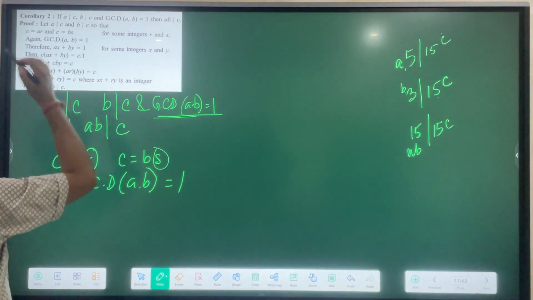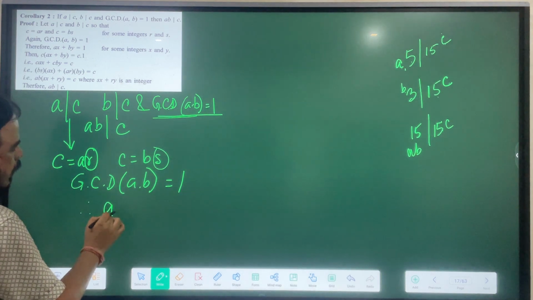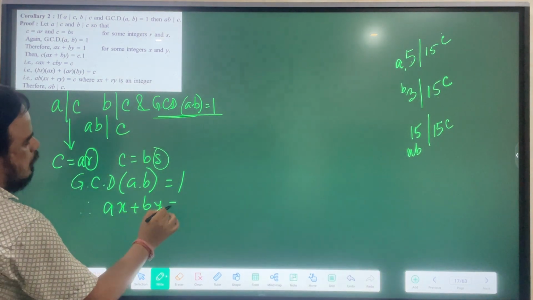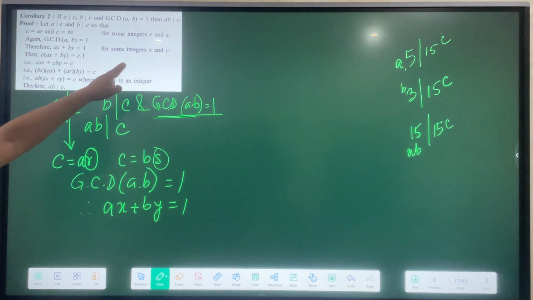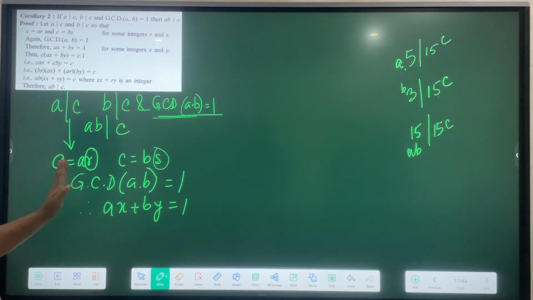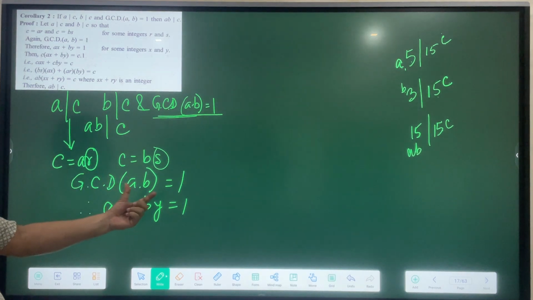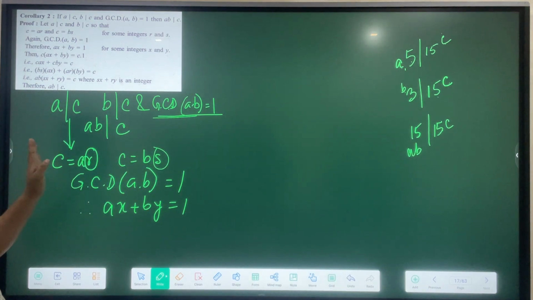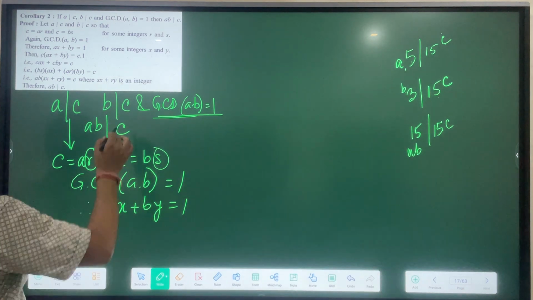GCD of a and b equals 1. So therefore, ax plus by equals 1, because the theorem is there, the theorem we got on the previous page. If GCD of any two numbers is 1, that means they are prime to each other. So ax plus by also equals 1.